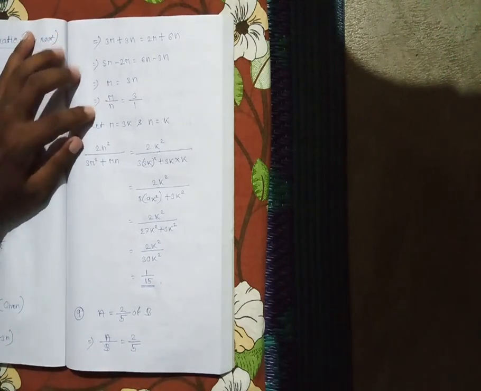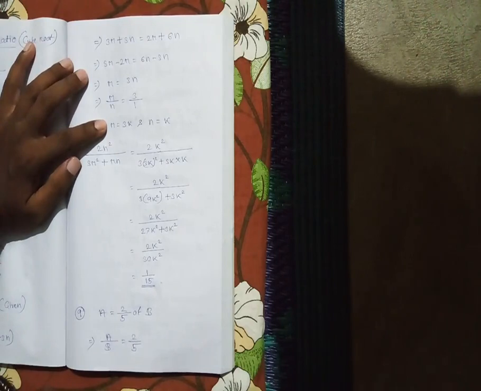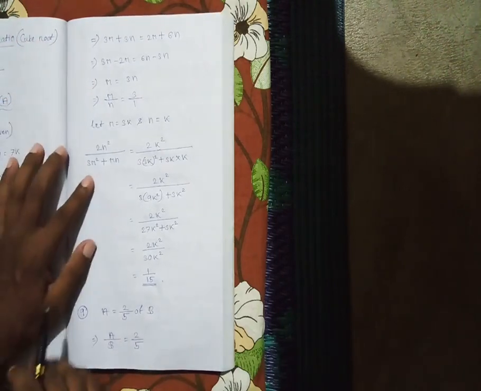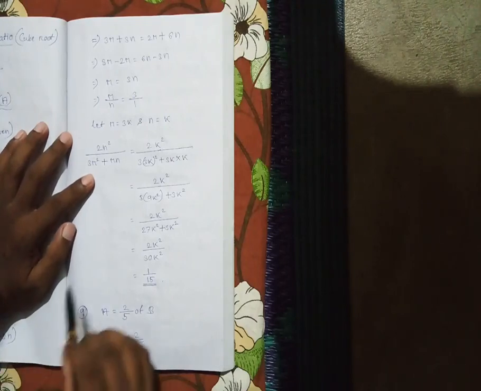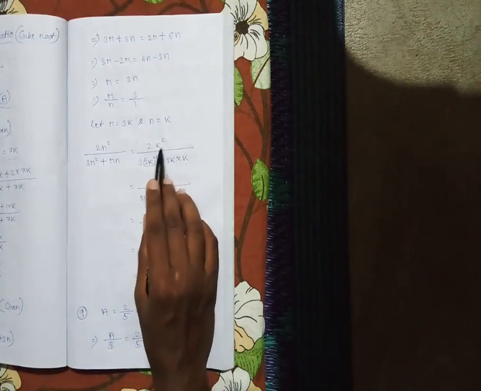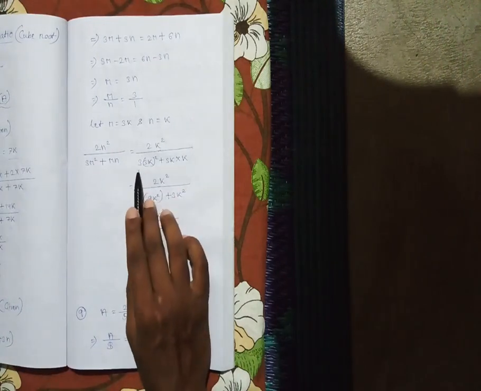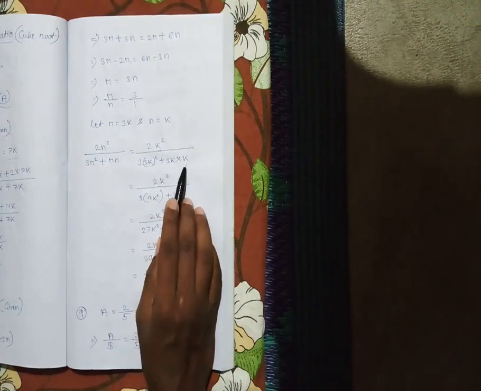So from the ratio let us take m is equal to 3k and n is equal to k. We have to find 2n square by 3m square plus mn. So 2 into k square, by 3 into 3k whole square plus 3k into k.